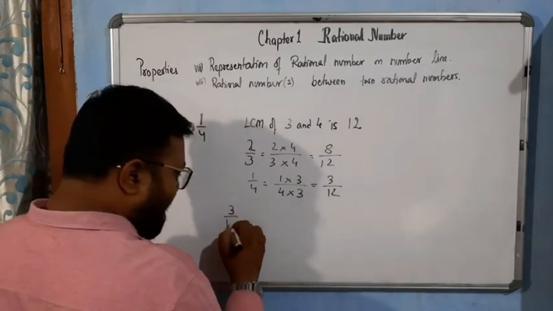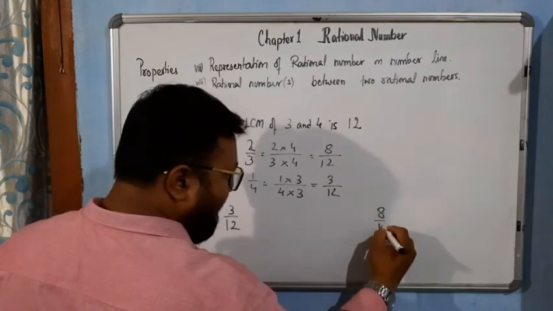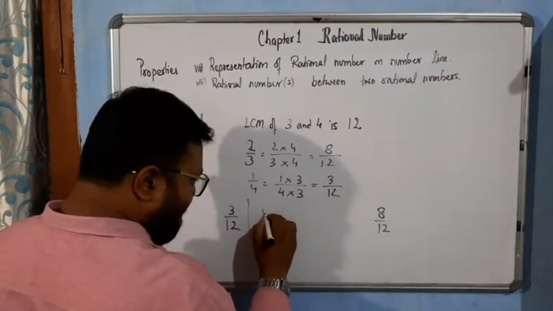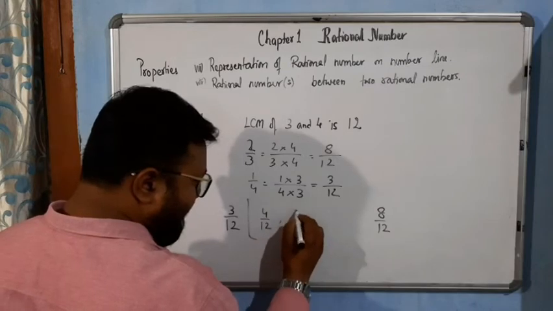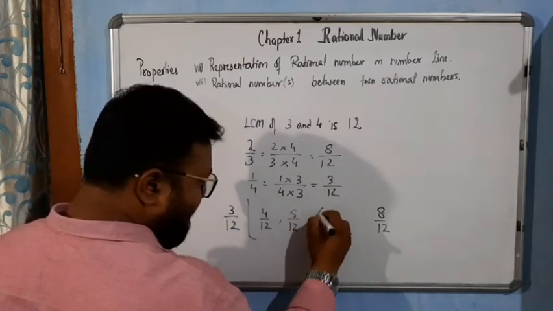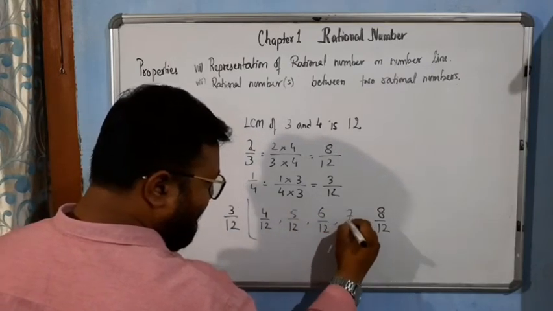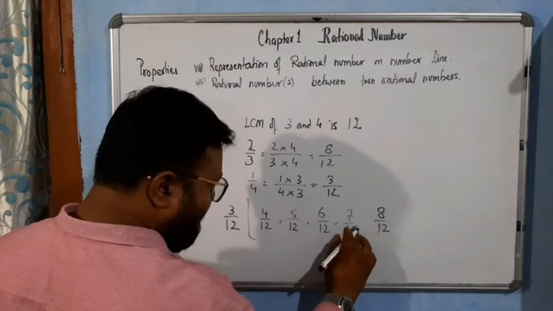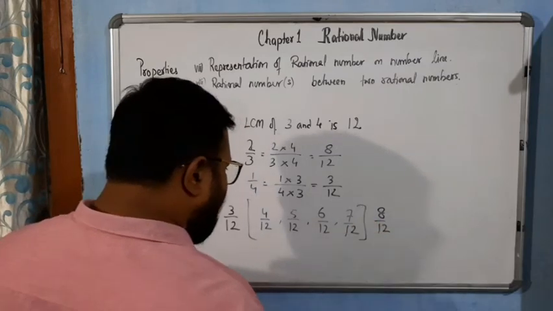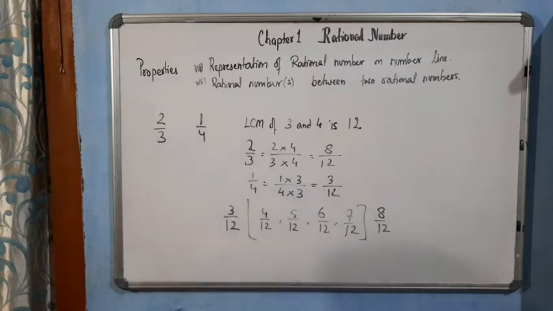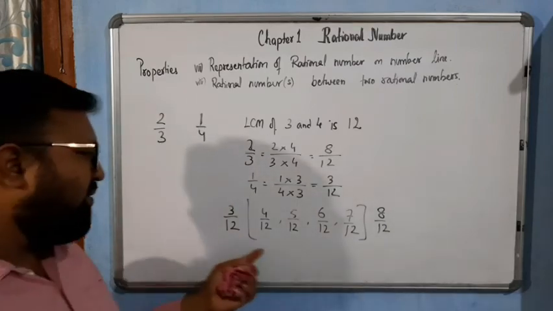See, 3 by 12 and 8 by 12, we have a lot of rational numbers in between: 4 by 12, 5 by 12, 6 by 12 and 7 by 12. So in this way we can find a lot of rational numbers between two rational numbers.